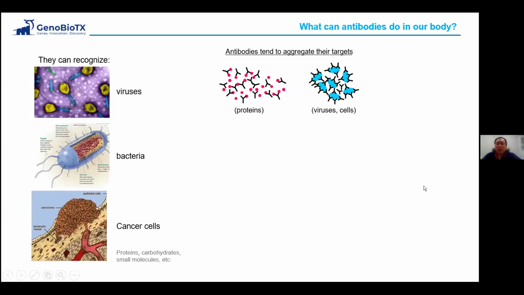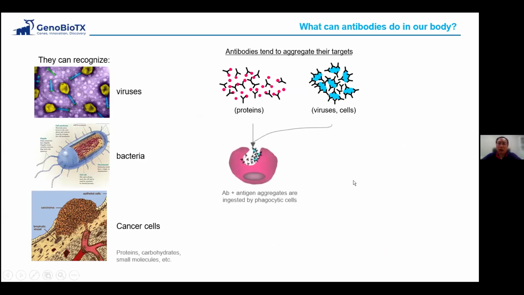And what can the antibody do in our body? Firstly, the antibody can recognize virus, bacteria, or even cancer cells in our blood. The antibody tends to aggregate their targets, no matter whether they are proteins, virus, or cells.